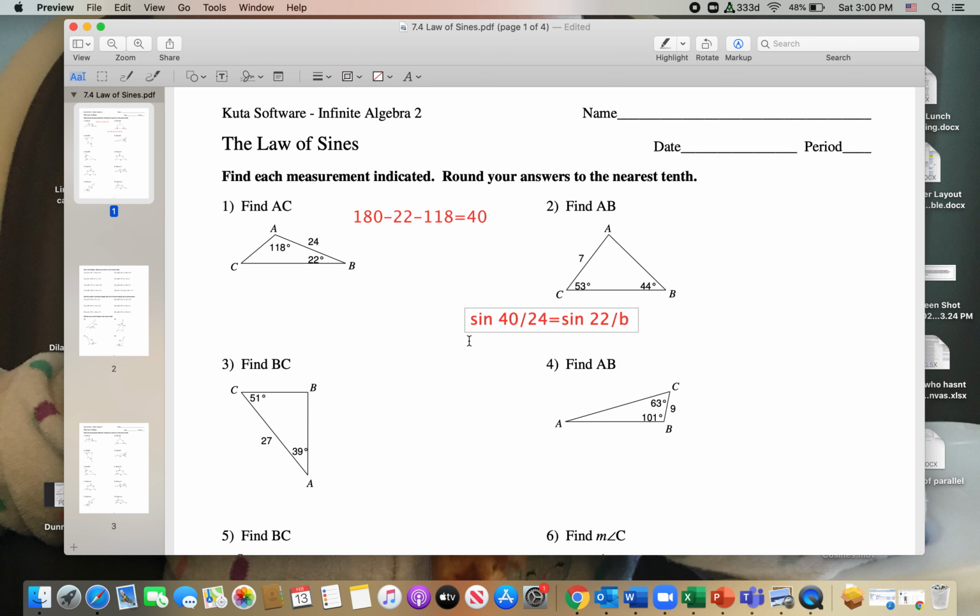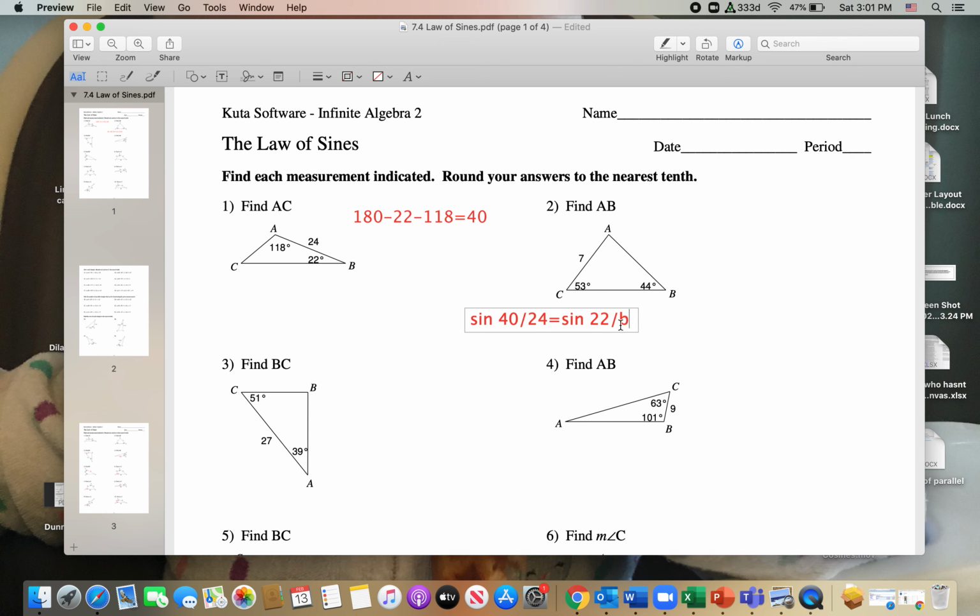So that means we can then put it in a calculator. Sine 22 times 24. In your calculator, sine 22, close the parentheses, times 24 will equal sine 40 times b. It has an 8.99 all the way across the calculator, and then divide by sine 40, and this has 13.98682567, to the nearest tenth.